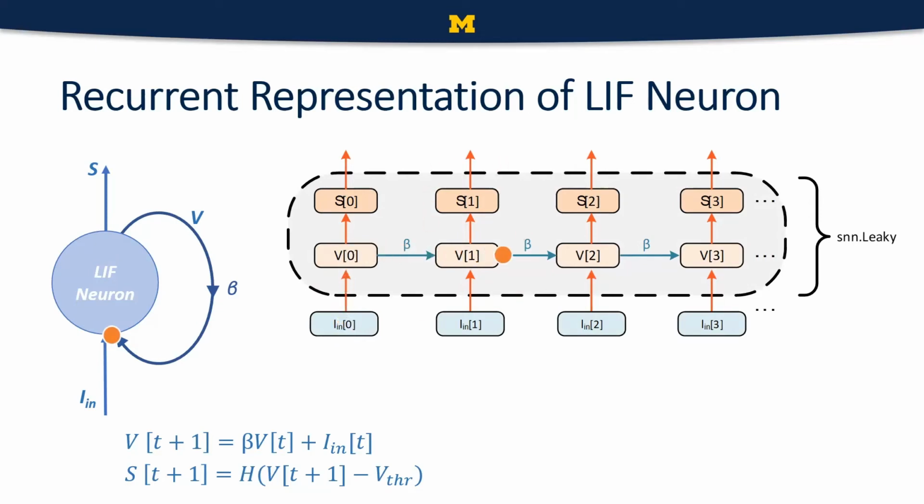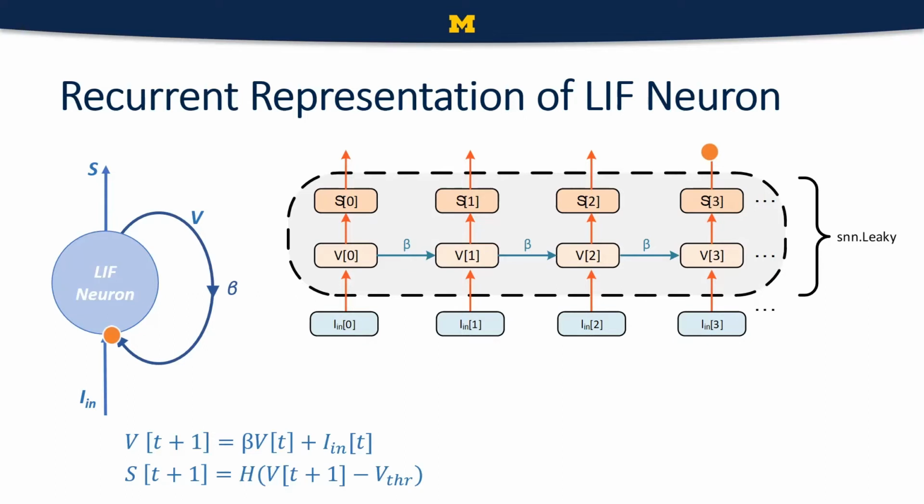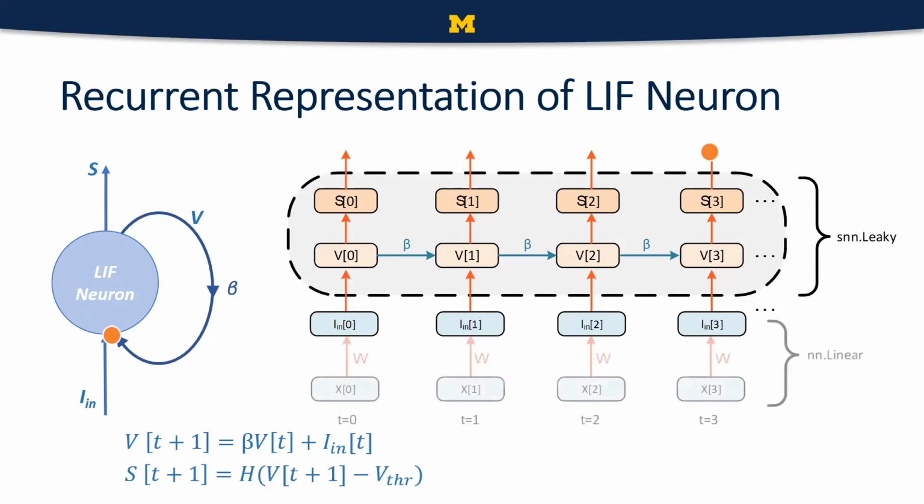We apply that input, and it's repeatedly scaled by this beta factor, this decay factor. Eventually, perhaps the input stimulus is excitatory enough or large enough such that the threshold is exceeded and a spike occurs here at t equals 3. So that's all well and good. This can be very easily modeled using one line of code in snnTorch, and we'll get there.